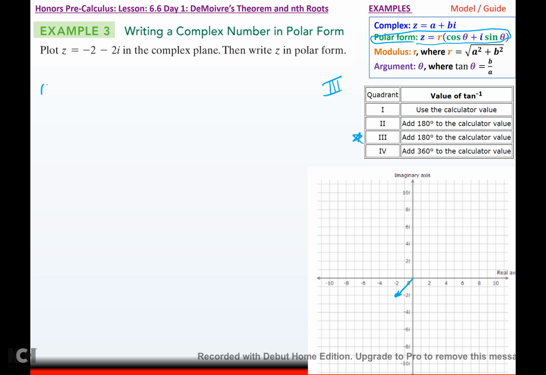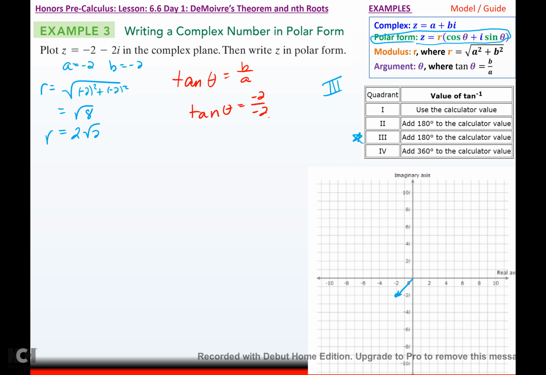So in order to write it like that, I need my r and I need my theta. So to find r, this a is -2 and b is -2. So r is the square root of -2 squared plus -2 squared, which is the square root of 8, which simplifies to 2 square roots of 2. Okay, there's my r. To find my theta, I'm going to use tan theta equals b over a. So tan theta equals -2 over -2.